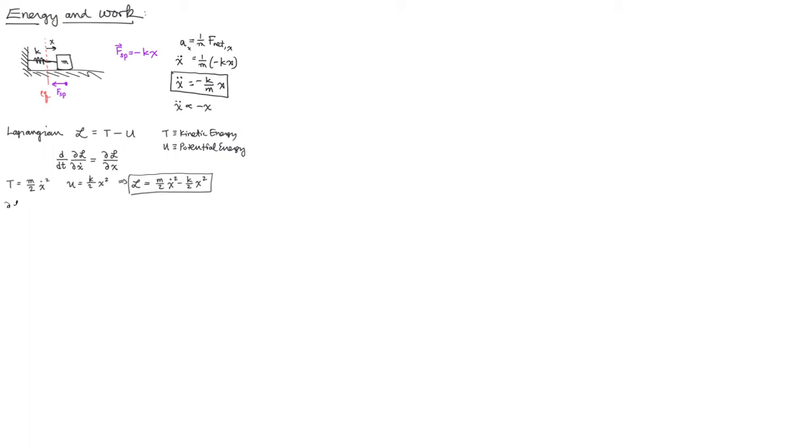The partial with respect to the position is equal to minus kx, and the partial with respect to the velocity is m x dot. Now notice that this minus kx term, that is the force that we've seen before, the spring force.